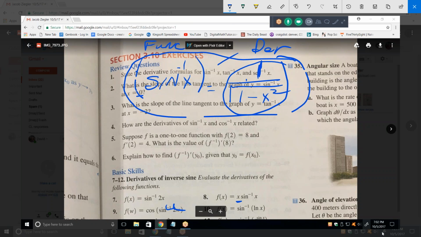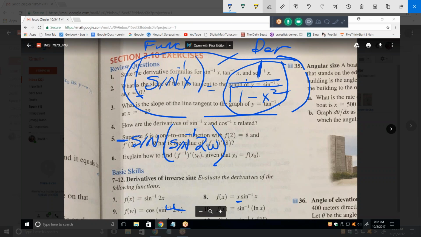It would be minus sine. Yeah. The derivative of cosine is minus sine. The inside doesn't change. In other words, u. So that's the derivative of the outside.